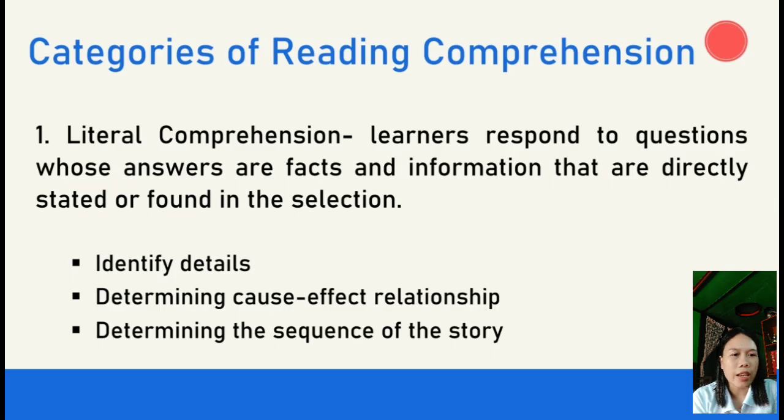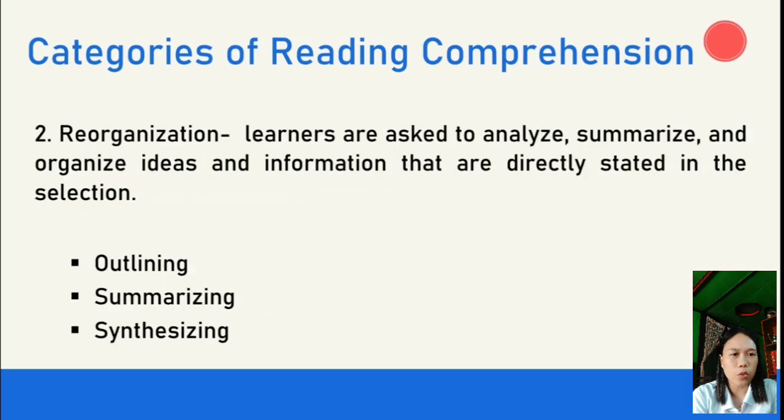State the main idea. Determine the sequence of events. For instance, the teacher could ask the learners what happened after the tortoise got angry at the monkey, and identify and compare character traits and state cause-effect relationships, like asking the learners why did the tortoise get angry at the monkey.